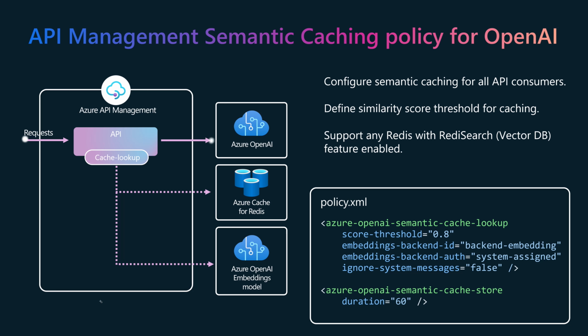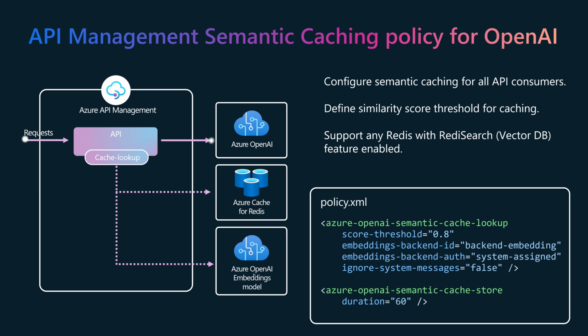This policy was introduced as one of the policies supported by the GenAI capabilities in Azure API Management. How does it work? You decide which user requests and responses to cache, then you serve the request through Azure OpenAI, take the response, and then use an embedding model.